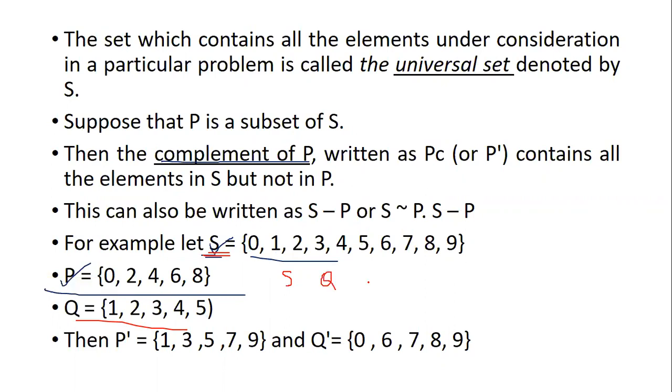Very good. Q is the subset. S is always the superset, so that is why it is called the universal set or the bigger set, which has more numbers.